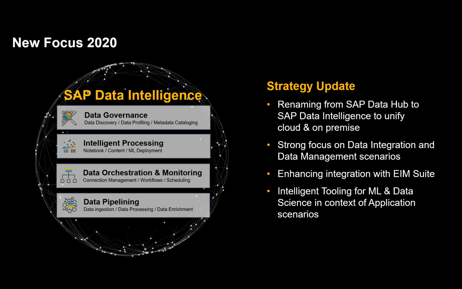So guys who already worked in the past with Data Intelligence know that before it was called SAP Data Hub. So this was our big thing, to harmonize also the name of the product, as also the cloud version is in the market since last year. So we call it just SAP Data Intelligence.